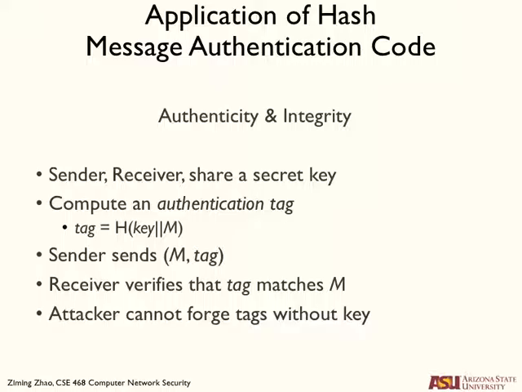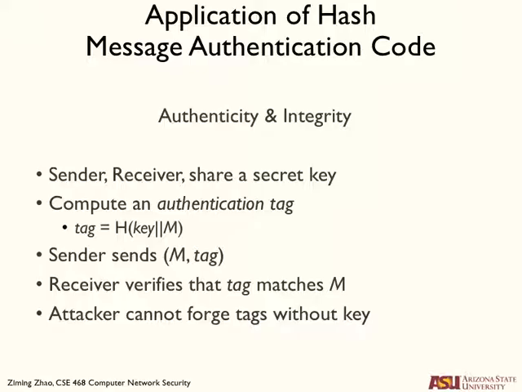They are only using symmetric key crypto here. We assume that the sender and the receiver already share a secret key, and the sender wants to send a message to the receiver, and the receiver can verify that this message has not been changed, and this message is actually from the sender.